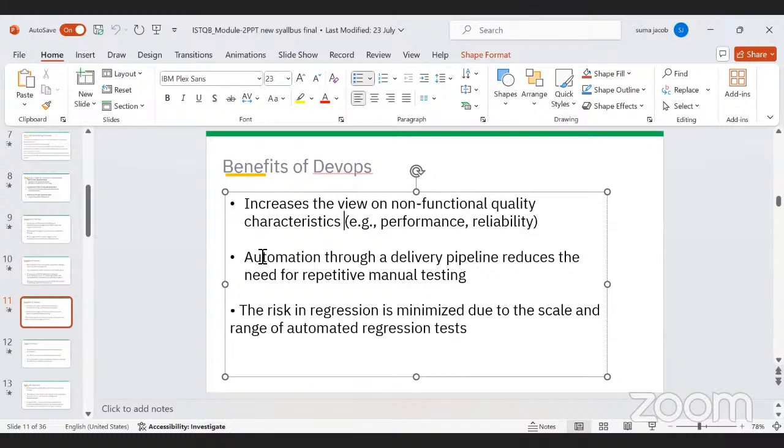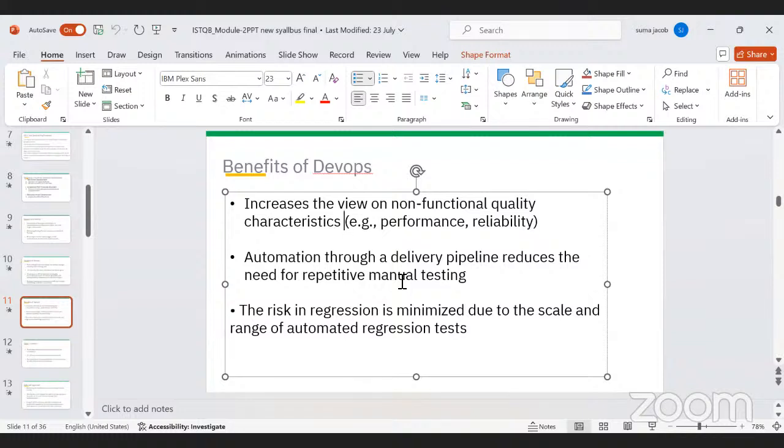Another benefit is that automation through a delivery pipeline reduces the need for repetitive manual testing. With different regression suites being run on a delivery pipeline, there is no need to manually retest everything whenever there is a new code change. Say you are in sprint 5 and you have 150 test cases from the previous 4 sprints.